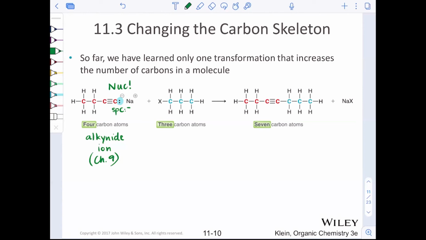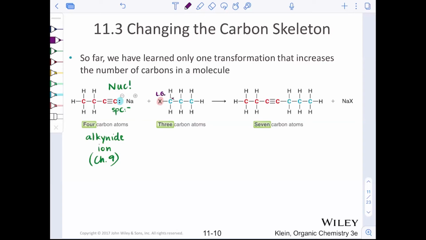Why does it look for something that's positive? Well, what's in a nucleus? Protons. Positively charged things. So this alkanide ion is looking for something that is delta positive or actually positively charged. When we see our other molecule over here with X, which is most likely a halogen, that is a leaving group.